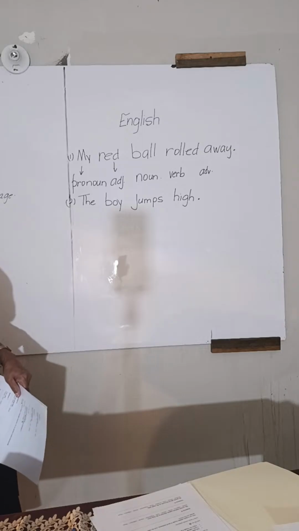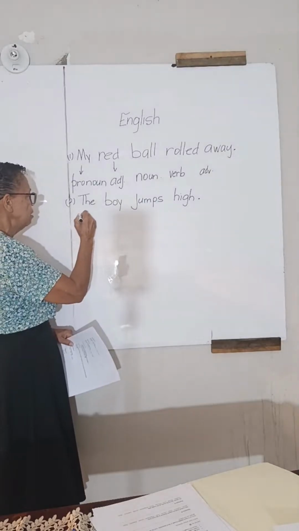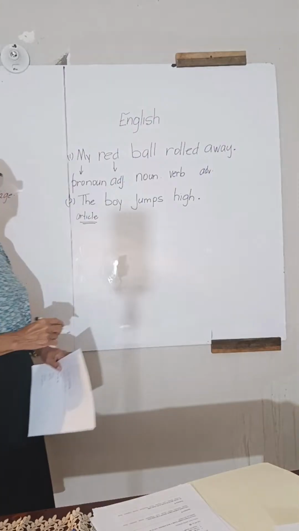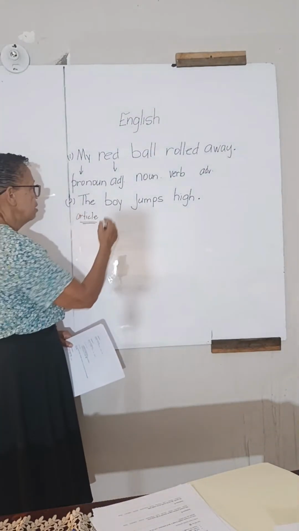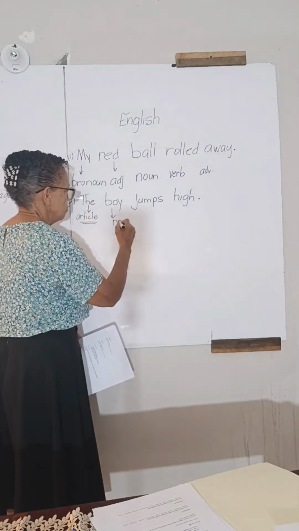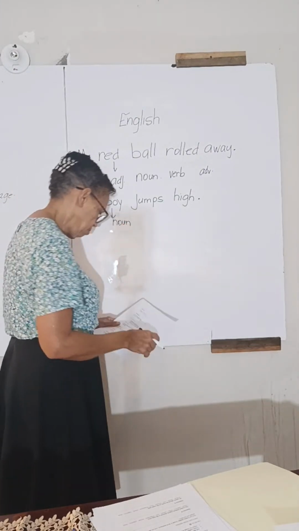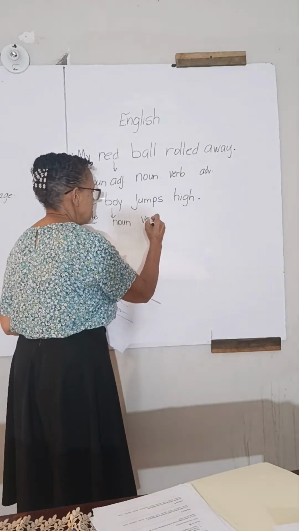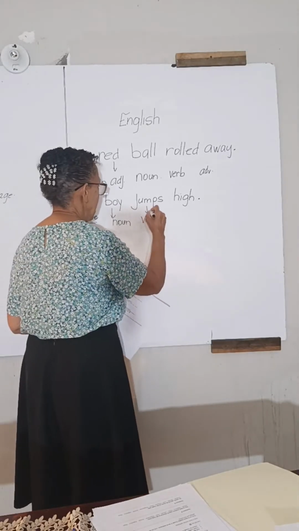That's a definite article. Right? The, specific. So this is an article. And sometimes you might find, in some cases, they might put it under adjective. Article. Boy. This is a noun. Jumps. This is a verb. And high tells you how the action is done, and that would be an adverb.